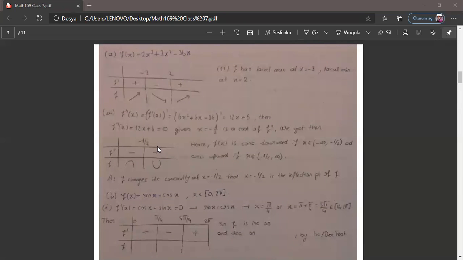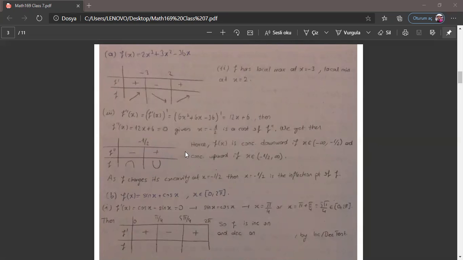For example, 0 is greater than -1/2, just put 0 here and you get 6. So on this interval, we see that f double prime is positive. And at the root of the function, we change the sign. If you have a polynomial function, you can apply this rule. Each time you see a root of the function, you change the sign.